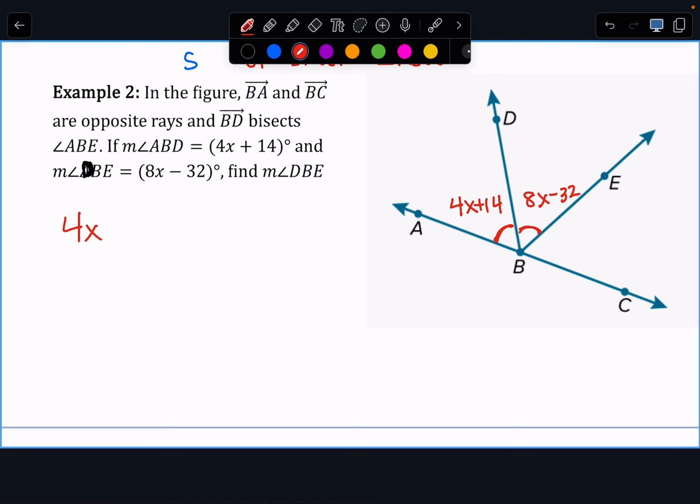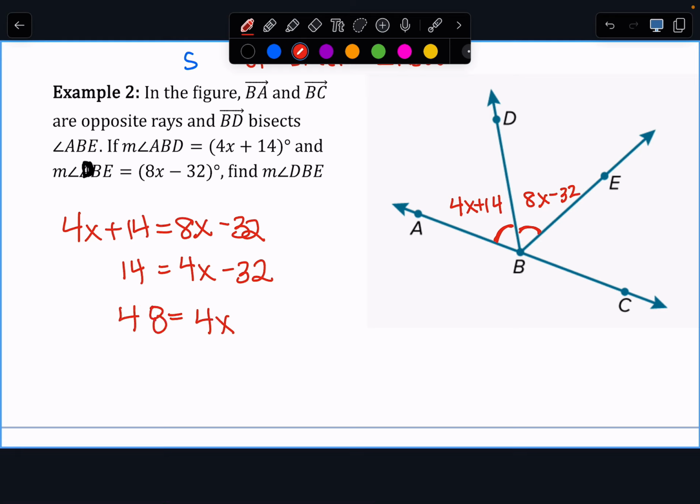I can cross out the 14. So if we solve this, we get 4x equals 46. So x is 11 and a half.